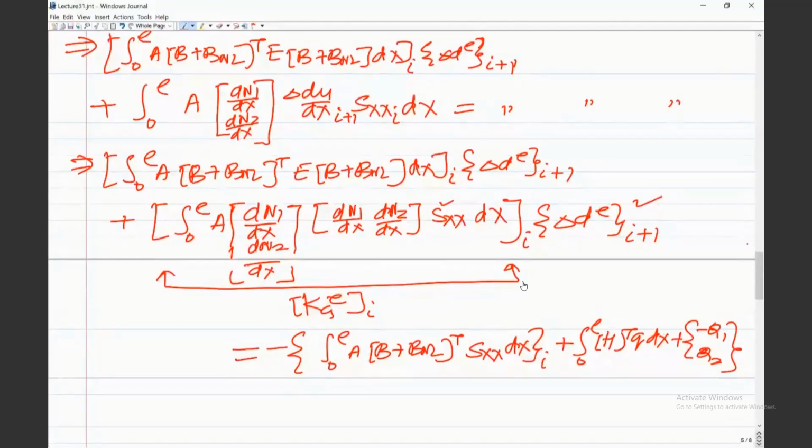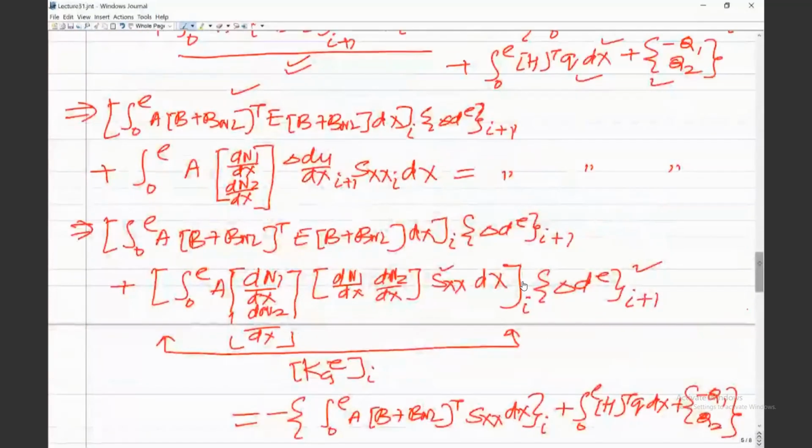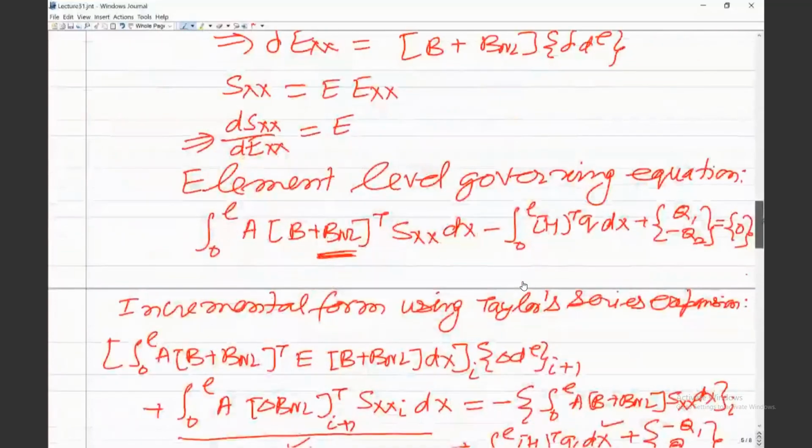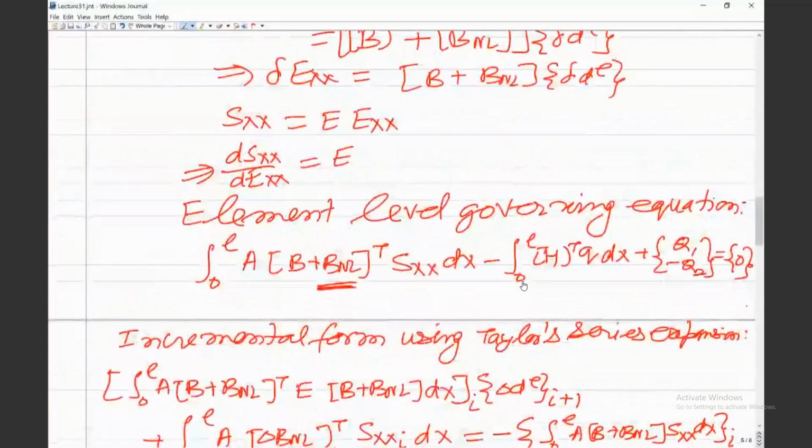Sir, can you tell about the constitutive relation you are using? The constitutive relation I have assumed here is linear elastic. Of course, the only non-zero component of the second Piola-Kirchhoff stress tensor is Sxx, and that is equal to E into Exx.